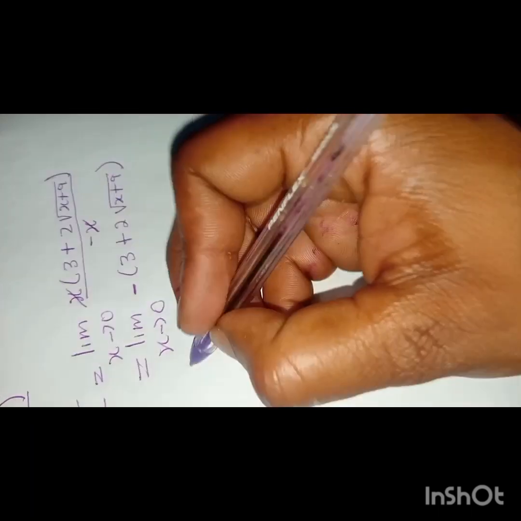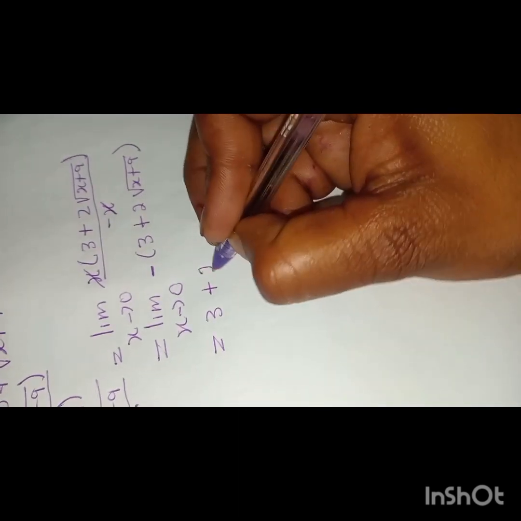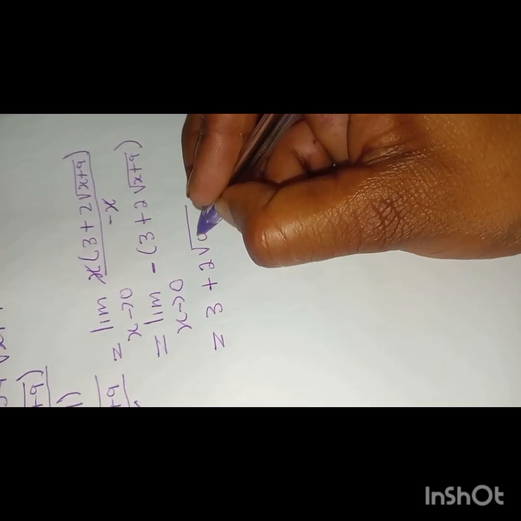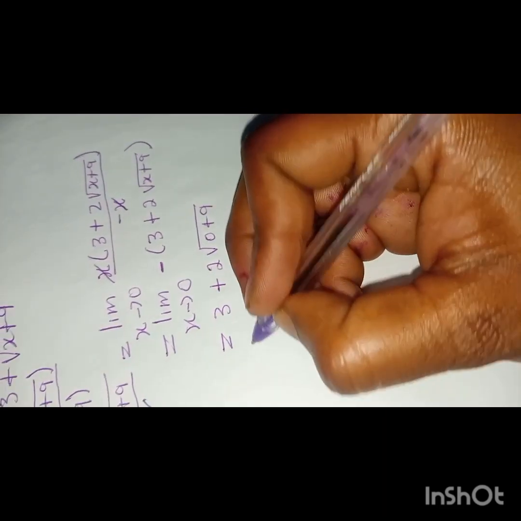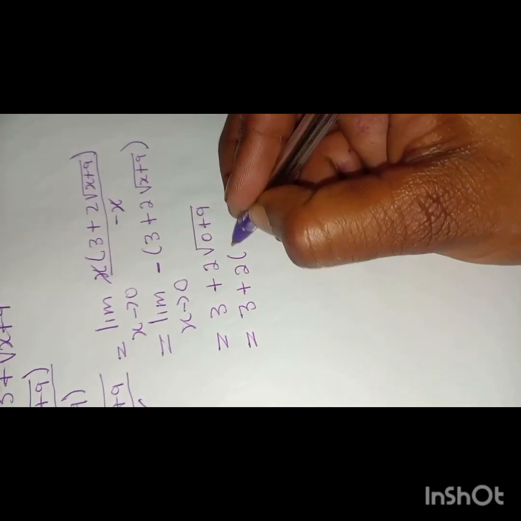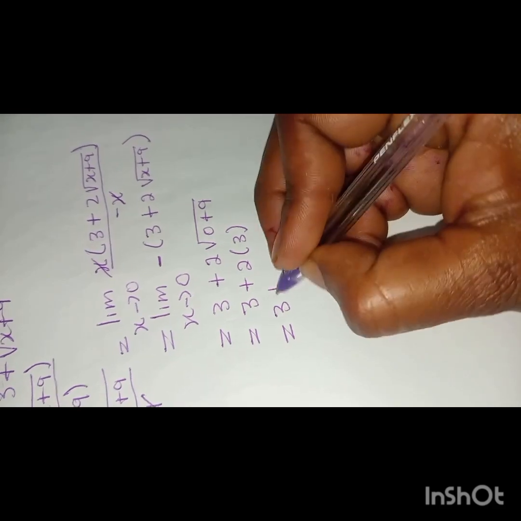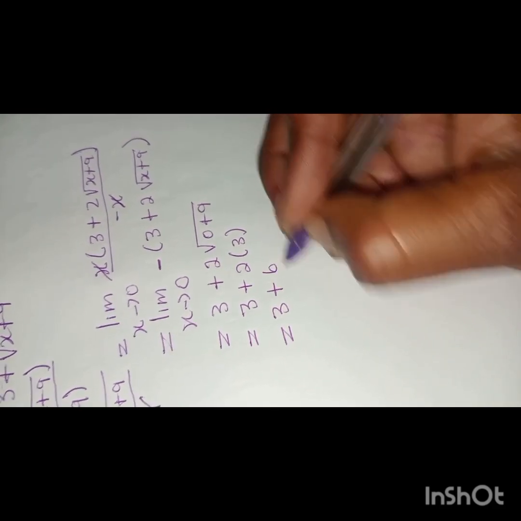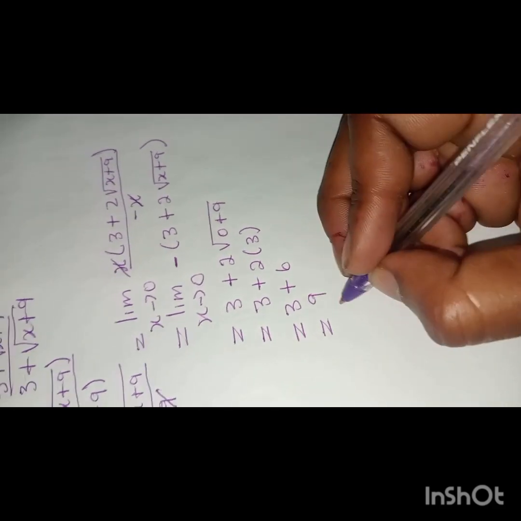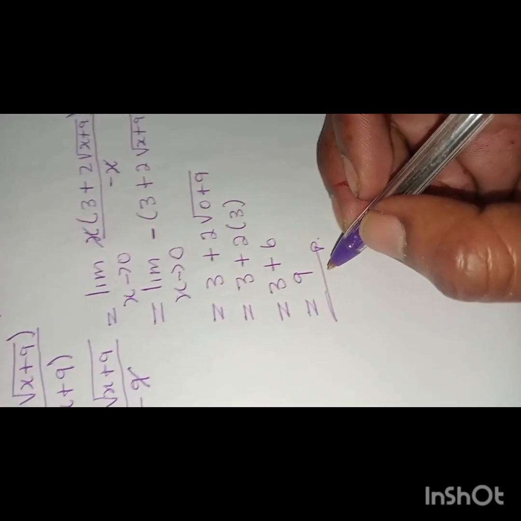You can substitute directly now. Therefore 3 plus 2 times root of 0 plus 9, which is 3 plus 2 times 3. Then the answer is 3 plus 6, which is 9. So the answer is equal to 9.